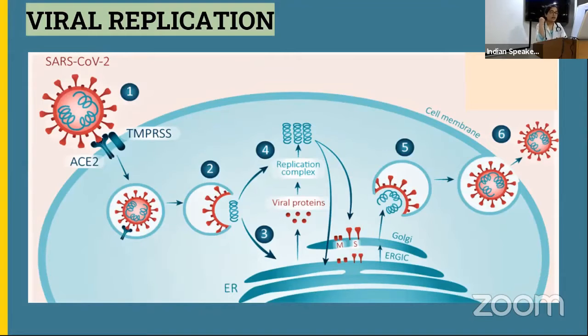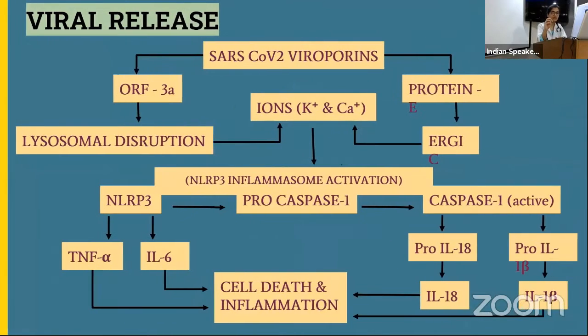The viral RNA also undergoes translation to give viral proteins. The viral proteins and the viral nucleic acid assemble together to form new daughter viruses. The newly formed viral particles are ejected out of the host cell with the help of viroporins.